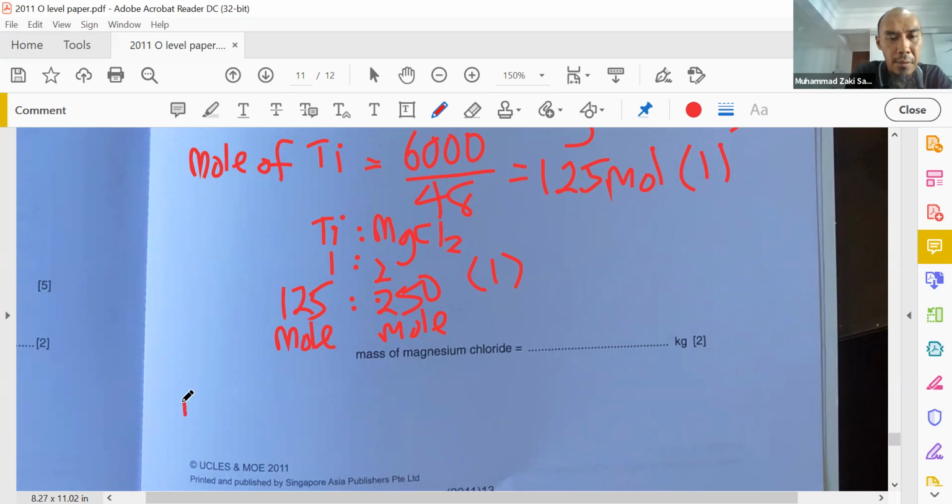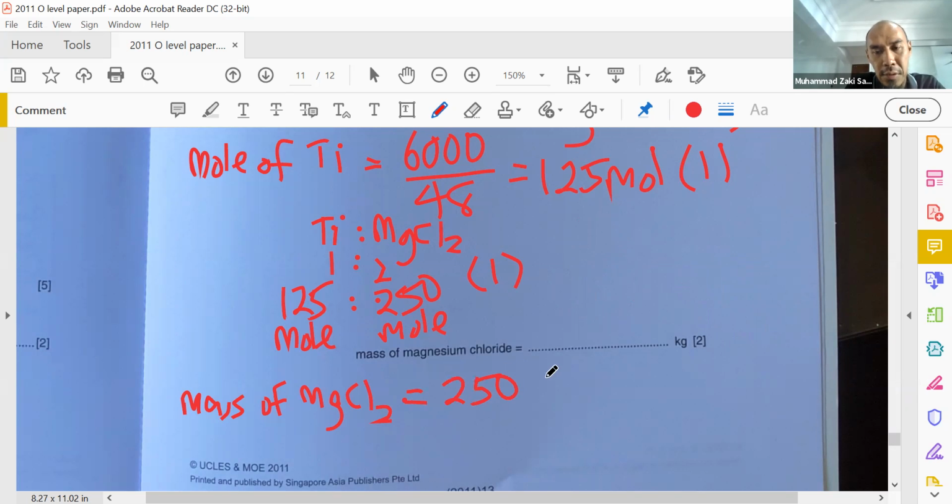I'm not going to write down the formula, I just write down the figures straight. You must do the bracket first, then you times 250. Otherwise you don't get the correct answer.